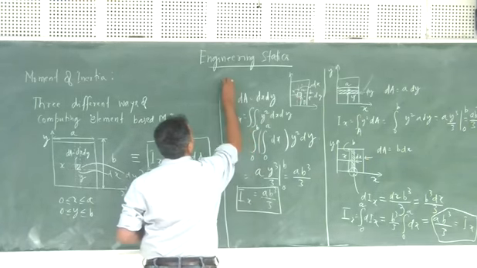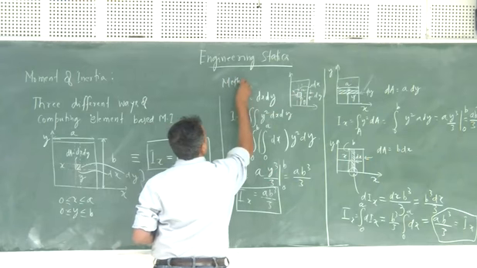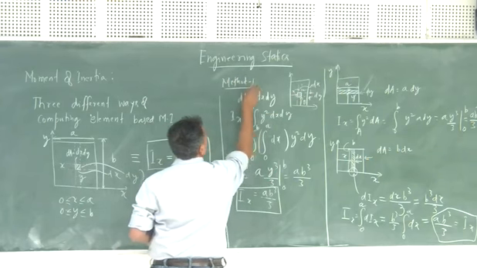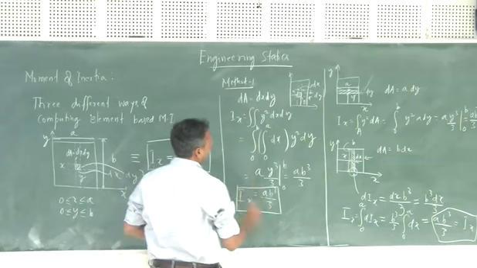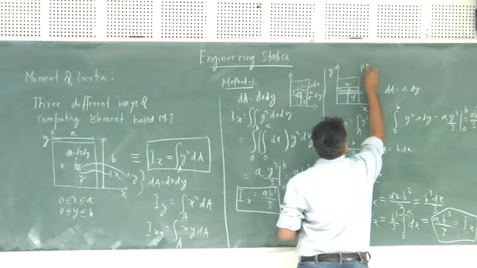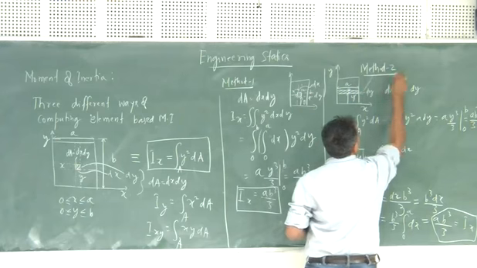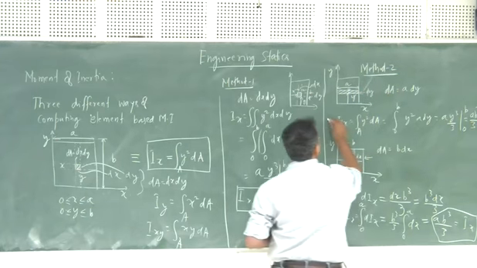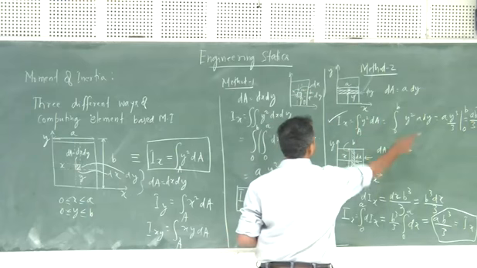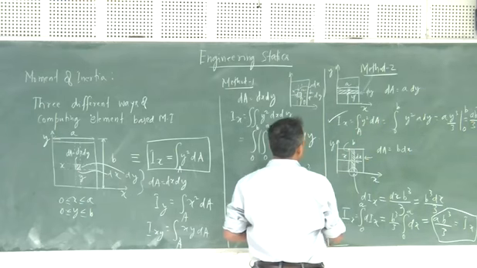This is method number 1, and we got ab cubed by 3. This was method number 2, where we got Ix again.